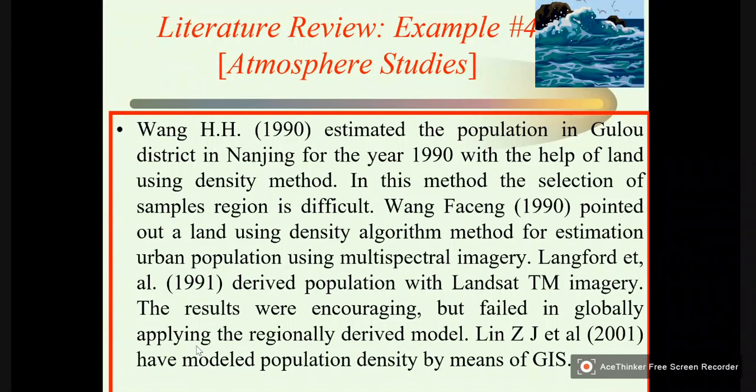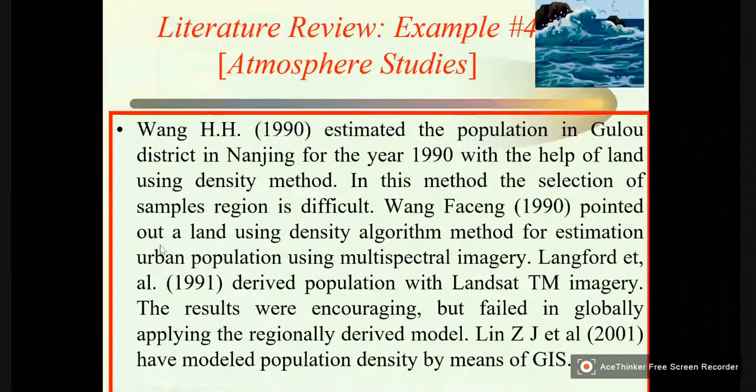Problem is estimation of population. Approach is density method, with the help of land use. Actually, it is the land use density method. So in this method, the selection of sample regions is difficult.